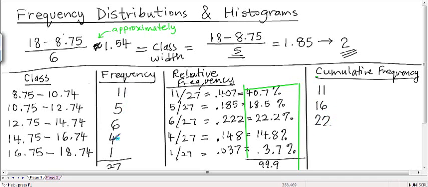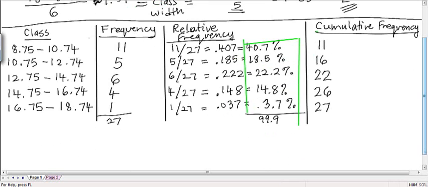And then in the fourth class, I have 11, 5, 6, and 4, which gives me 26. And in the last class, one more, 26 plus 1, gives me 27. Okay, so that is a cumulative frequency distribution where it shows you how much more you're adding in each class.